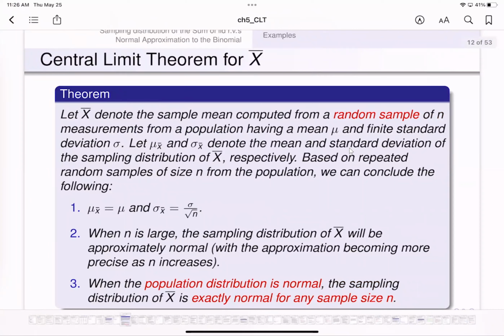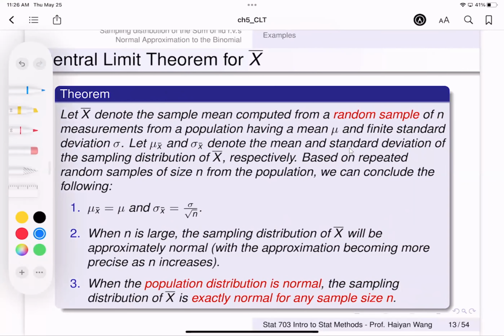If these xi's are a random sample and the sample size n is large, what we can say is that the sampling distribution of x bar is going to be approximately normal, with the mean equal to mu and the standard deviation equal to sigma over square root of n. So that's if n is large.